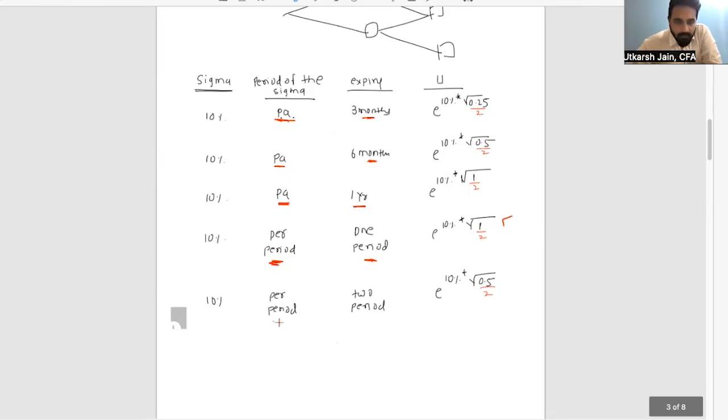But 10% per period, with expiry coming in 2 periods, and you're building a 2-period binomial tree, then this should be 1. There should be 1 here.